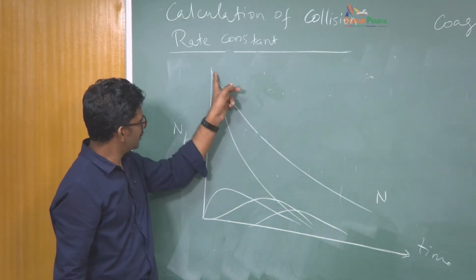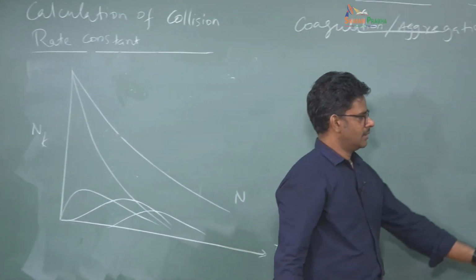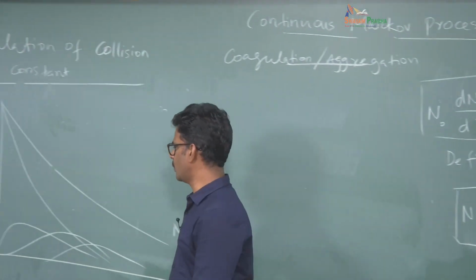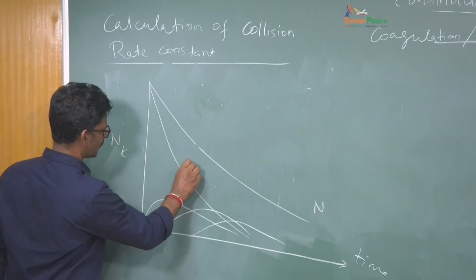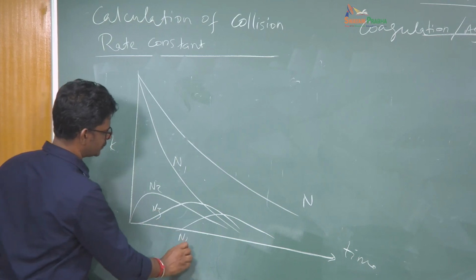Okay, but the total number will keep on decreasing anyway by this. What I am plotting in each of those curves here is N1, N2, N3, N4, and so on.